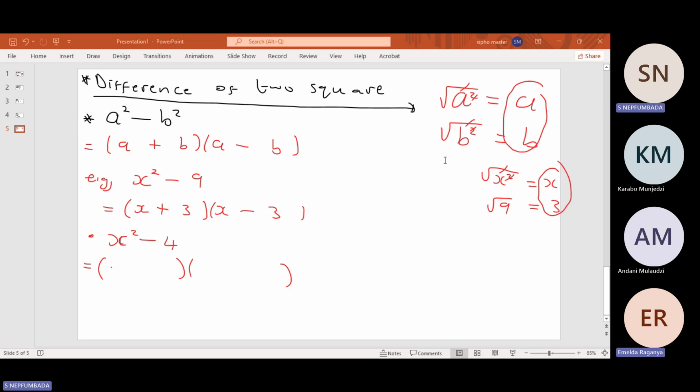On the first bracket, we're going to have x plus 2. On the second bracket, we are going to have x minus 2. So can we go to the next slide?